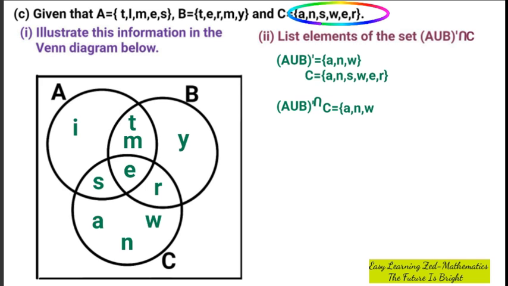Therefore, the answer for A union B complement intersection C is A, N, W. Those are the elements making up that set. Let's go to the next question.